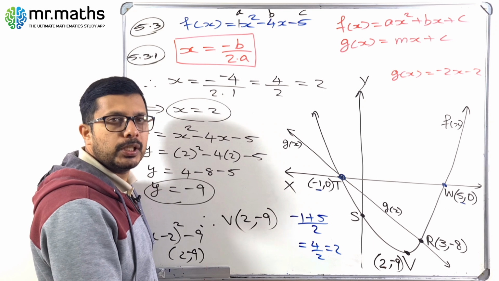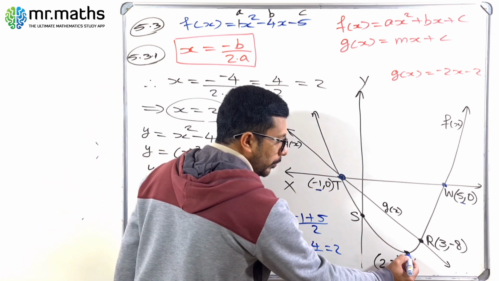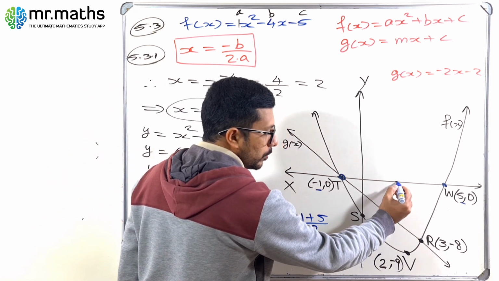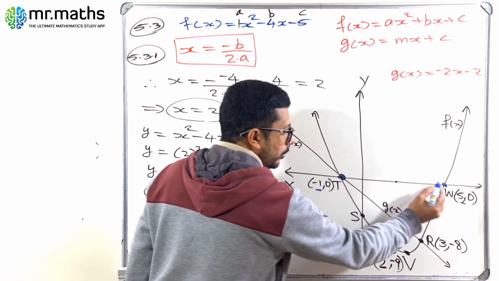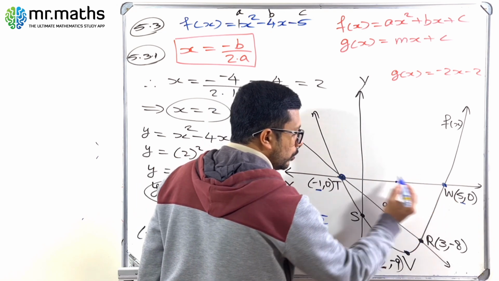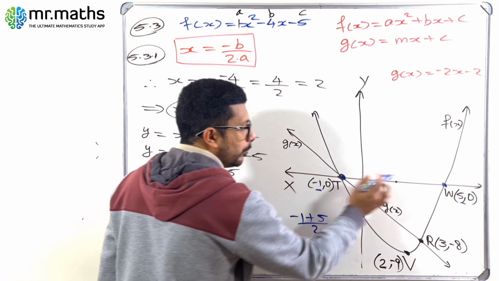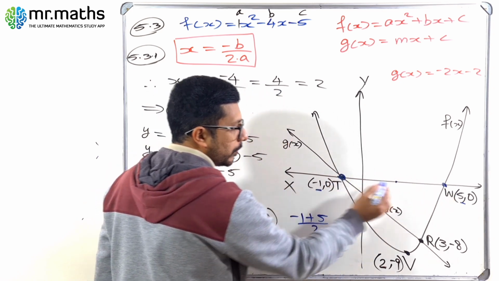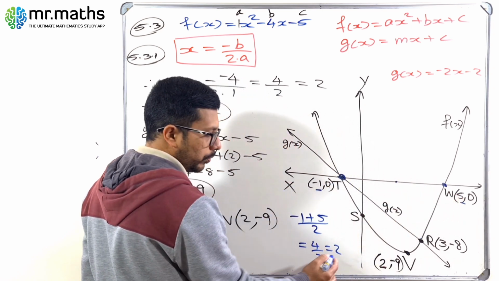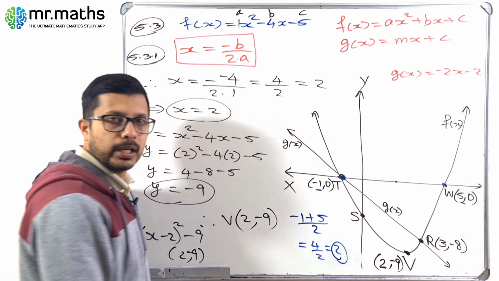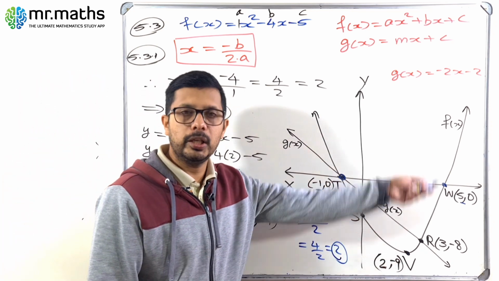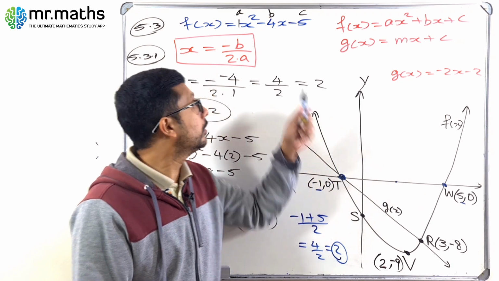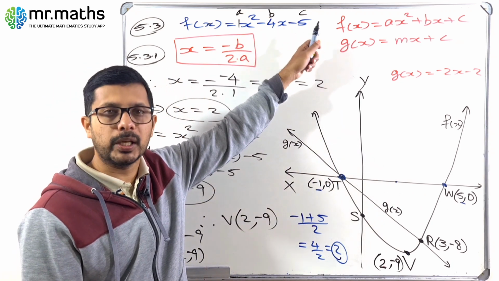That is the x value of the turning point, because it is the midpoint of these 2 points. Then you substitute this into the equation and you will get minus 9.